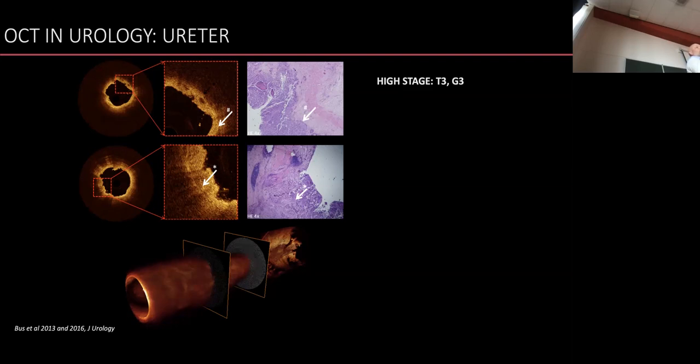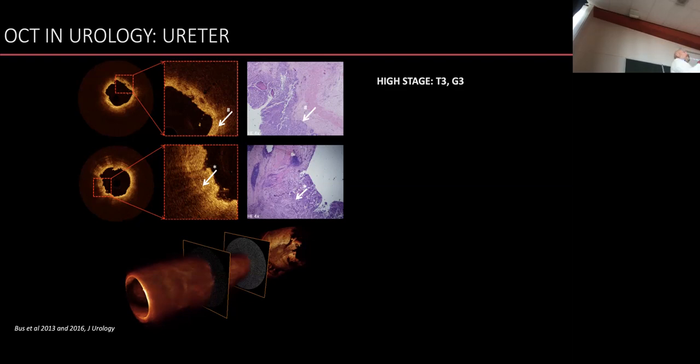But when it's invasive and it grew into this muscular layer, then this tumor has been introduced into the blood system, because the muscular layer is very highly perfused. There's a lot of blood moving around there. And then the likelihood of metastasis is very high. And you can imagine that treatment then changes completely.